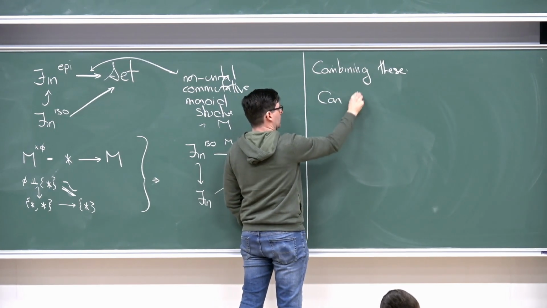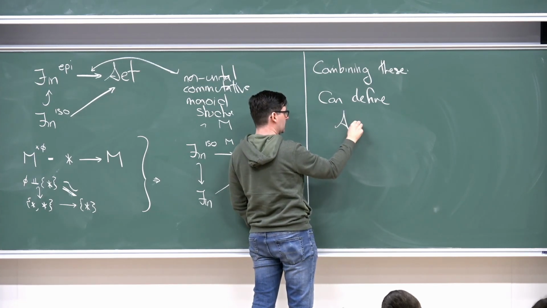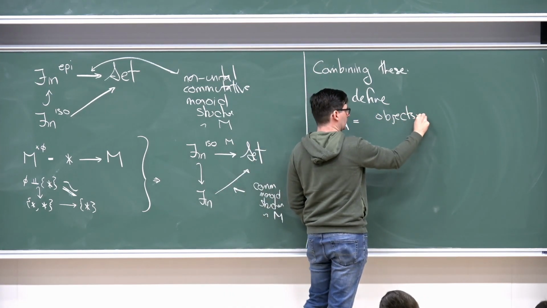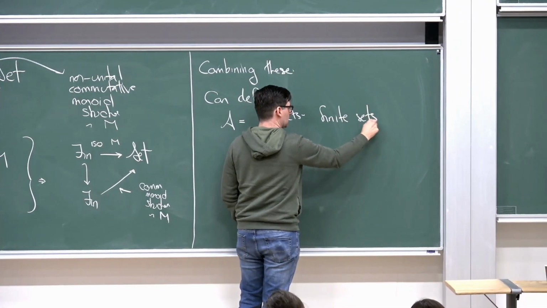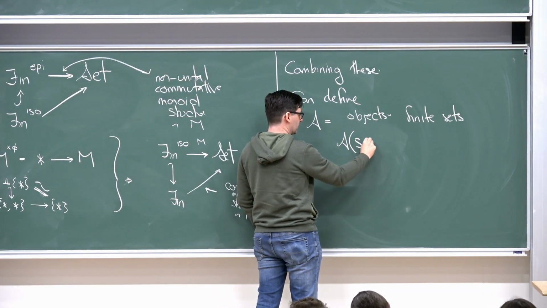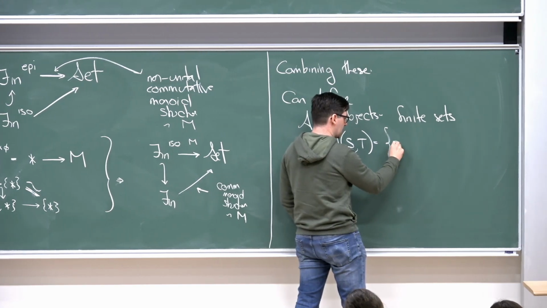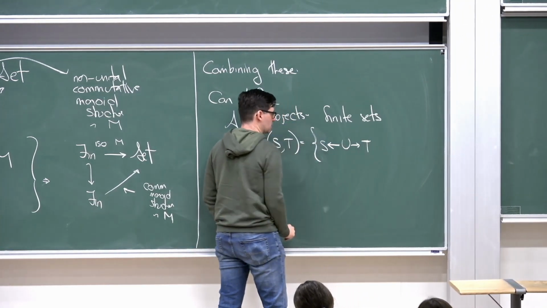So I can define the category script A to have objects, again, finite sets. And then the morphisms between two finite sets are going to be isomorphism classes of correspondences, so sometimes also called spans.